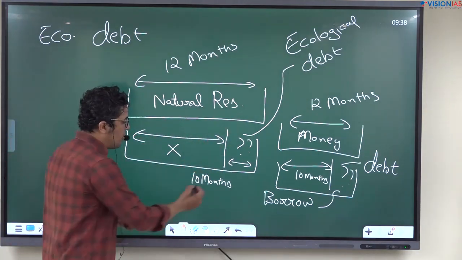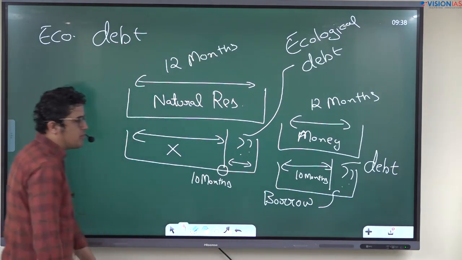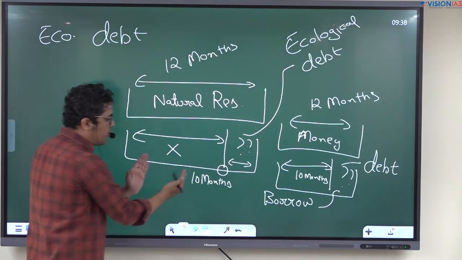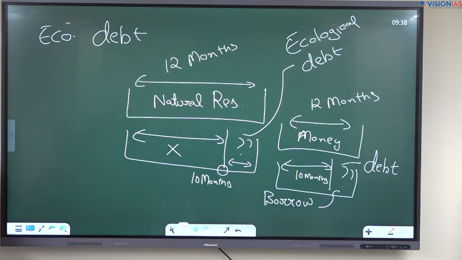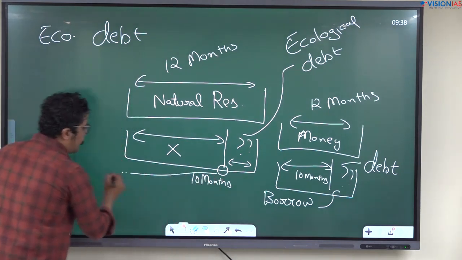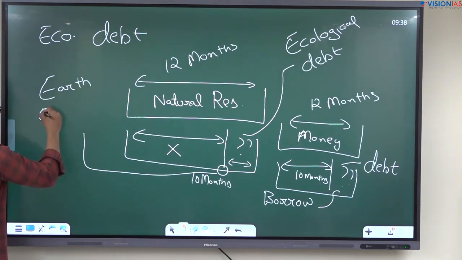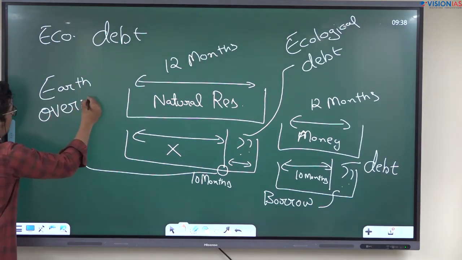The day when your ecological debt starts, resources are available for 12 months, you consume them before 12 months. So the day when your debt starts, this day is observed as, what do you call this day?